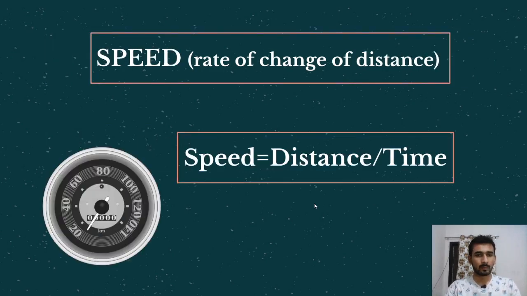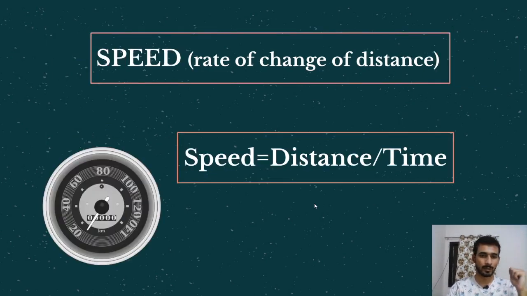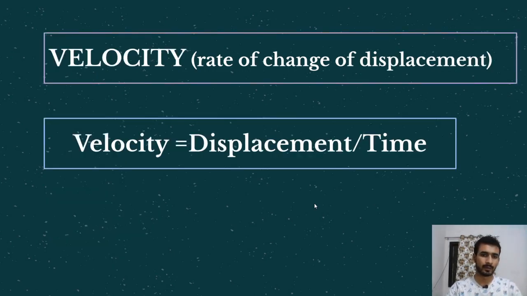Remember the difference between distance and displacement; similar is the difference between speed and velocity. Speed is a scalar quantity: it does not tell the direction of an object, it only tells the magnitude. Velocity shows both the magnitude as well as the direction.